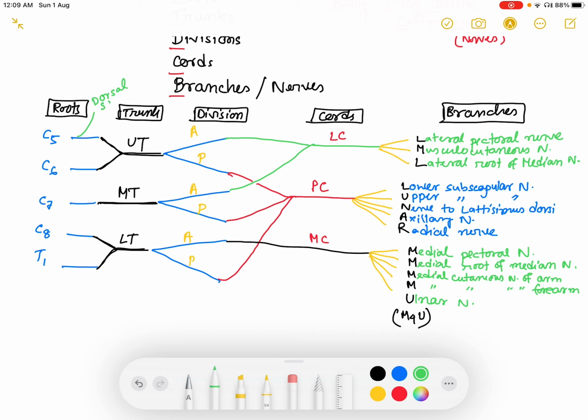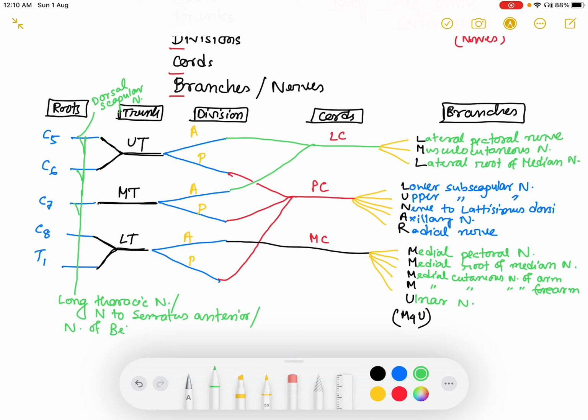And from C5, C6, C7, these three roots, one long nerve arises, called the long thoracic nerve, or nerve to serratus anterior muscle, also called nerve of Bell.